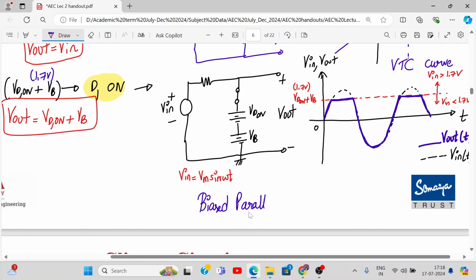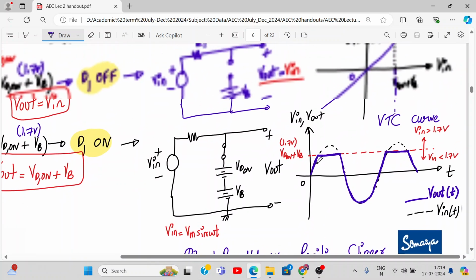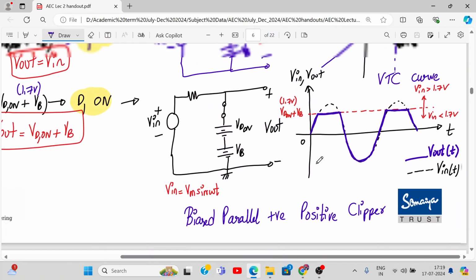Why parallel? Because the diode is connected in parallel with the output. Biased parallel positive because it's clipping the positive part of the waveform. So biased parallel positive clipper is the right name.